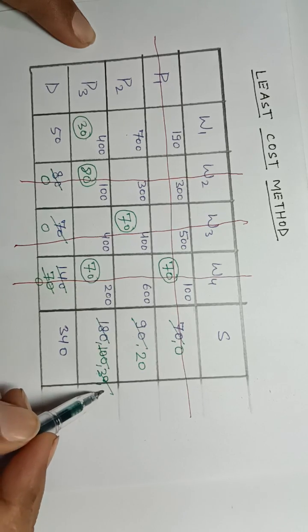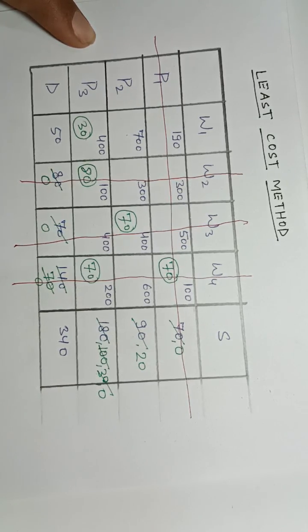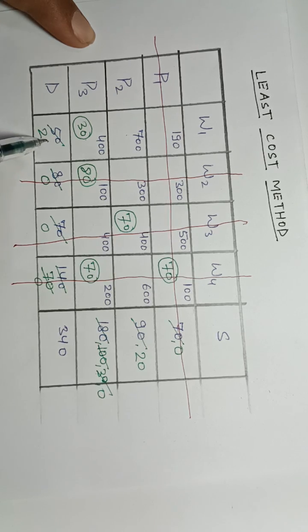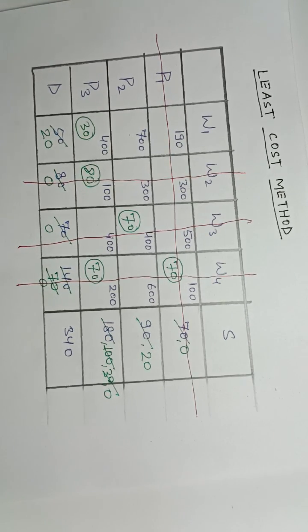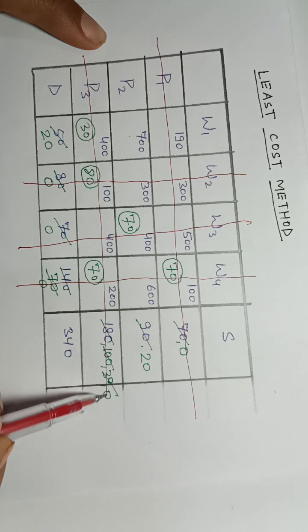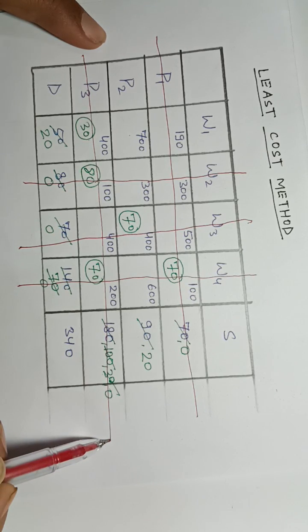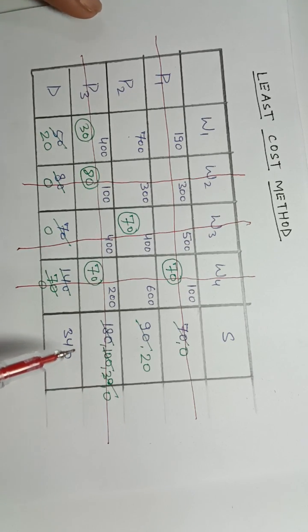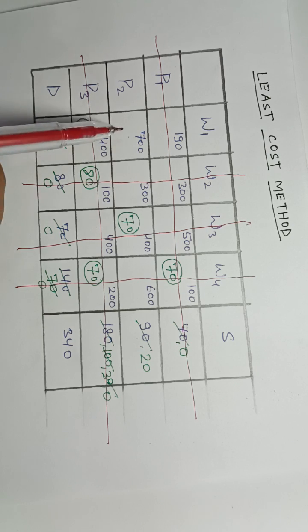Here the remaining is 0, and here the remaining amount is 20. In this way we can cover the third row because it is exhausted, nothing is left, and the last remaining cell is this one.